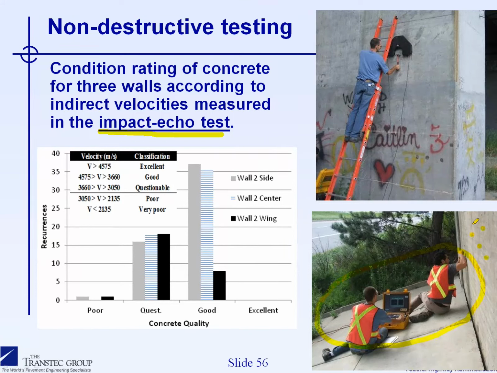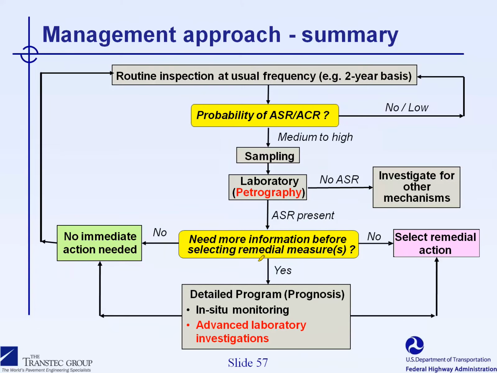What we found from different points of testing on the wing wall and the abutment wall was that there was a lot more questionable quality concrete in the area of the concrete that is exposed to moisture compared to the other parts of the structure. So the impact echo seemed indeed able to recognize the internal condition of the concrete in that case.